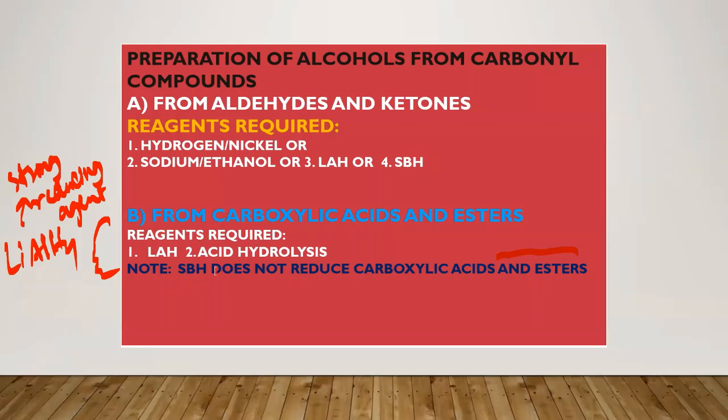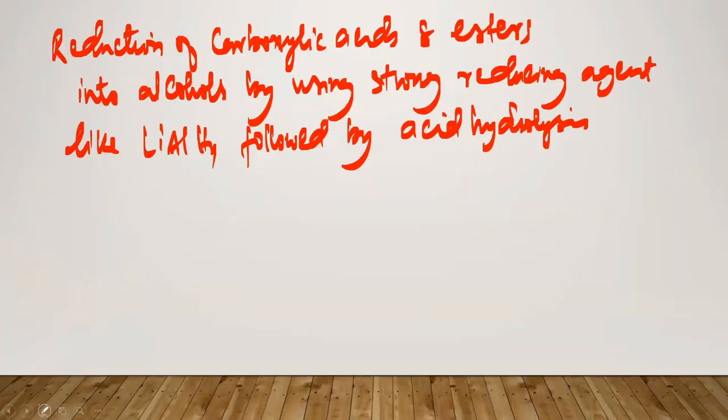Have a look here. So see here, the first step is we have to use lithium aluminum hydride, and then second step will be acid hydrolysis. So remember that important point. So let's go back. Let's take on our carboxylic acid first. So if we take a carboxylic acid here, CH3, CH2, COOH, this guy has to be reduced.